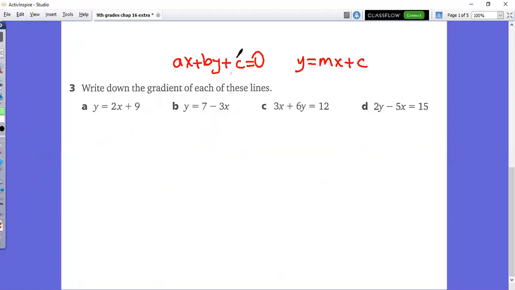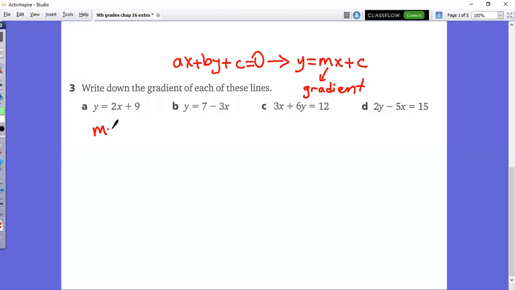So somehow, y should be isolated on the left side, and all the other terms on the other side. y will be isolated without any other coefficient except 1. So it's going to be written in this form also, y equals mx plus c. Coefficient of x is going to be named gradient. That's so simple.